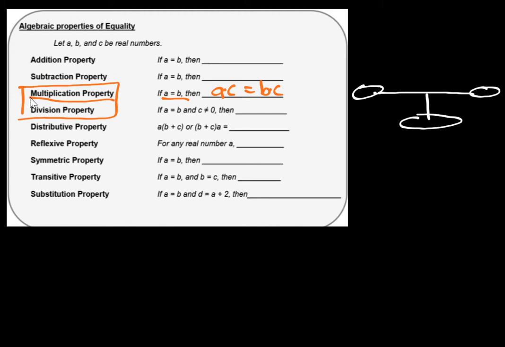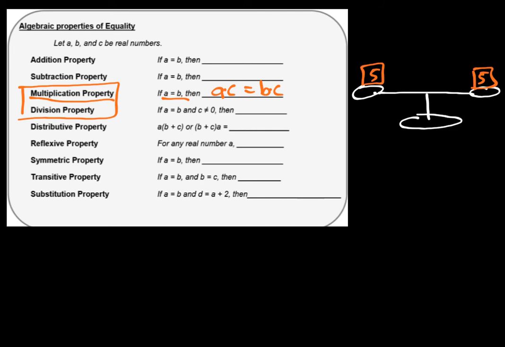So to kind of understand this, again, using the scale, let's imagine, again, I'll use the 5-pound weight. Let's imagine I have a 5-pound weight on the left side and a 5-pound weight on the right side. And let's say I wanted to double the amount on both sides of the scale.